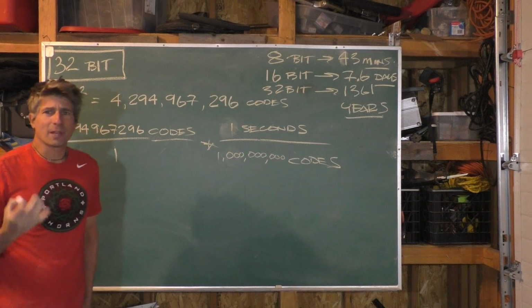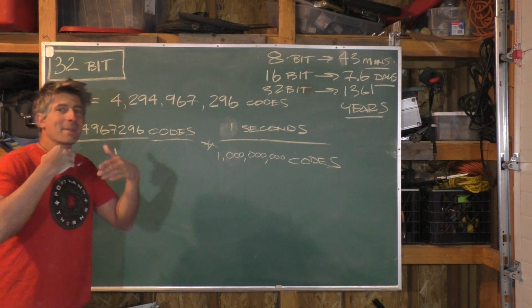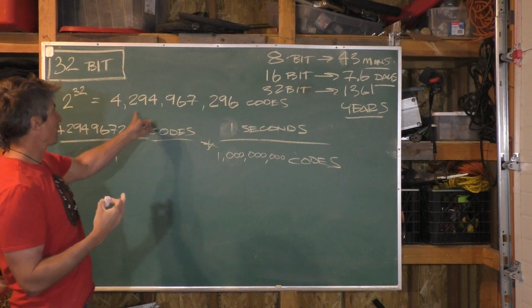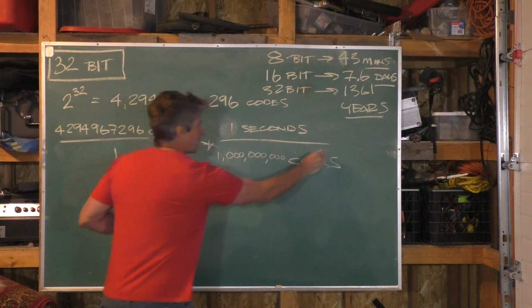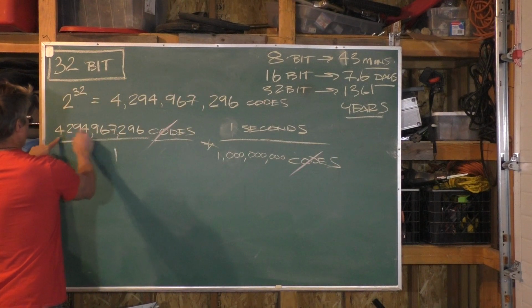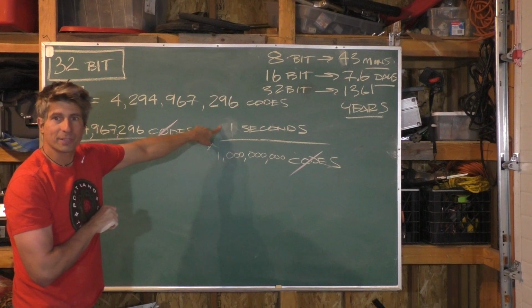It's impossible for us to even comprehend that kind of speed, because in the amount of time it took me to just say the sentence I just said, they would have found the 32-bit code. Because check this out, look at the numbers. This is 4 billion codes. This is 1 billion codes every second.